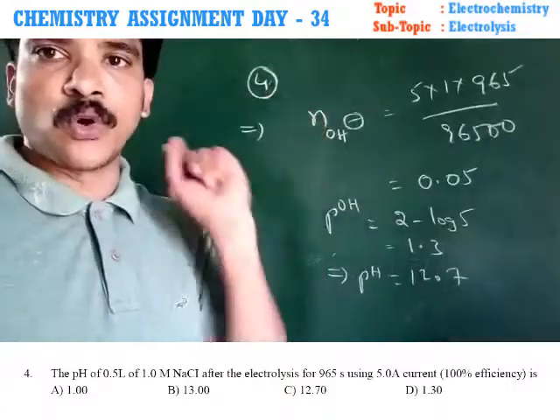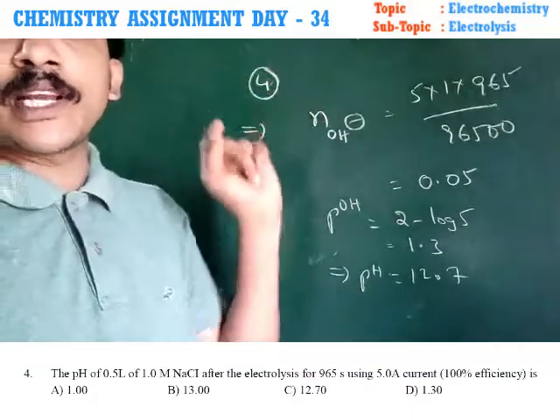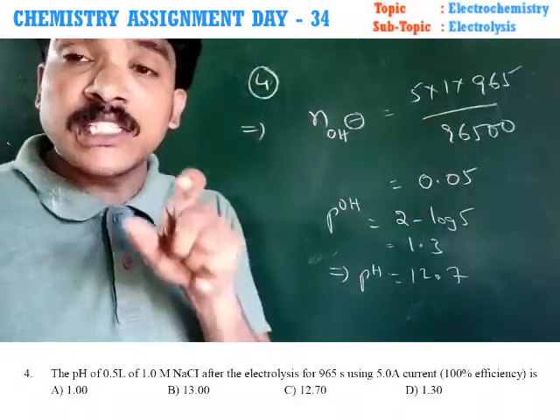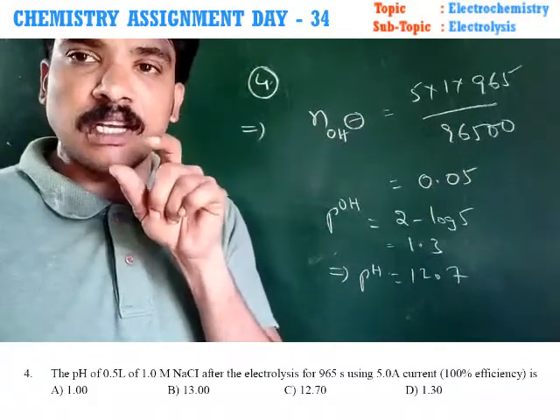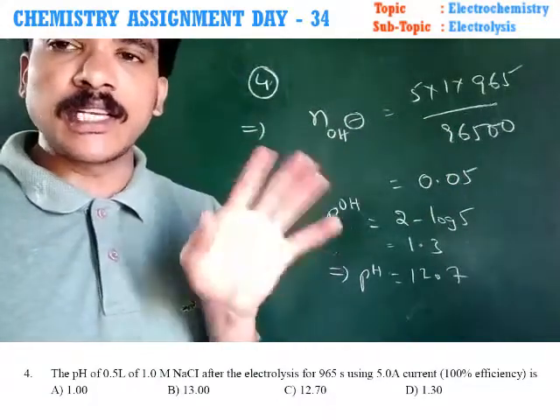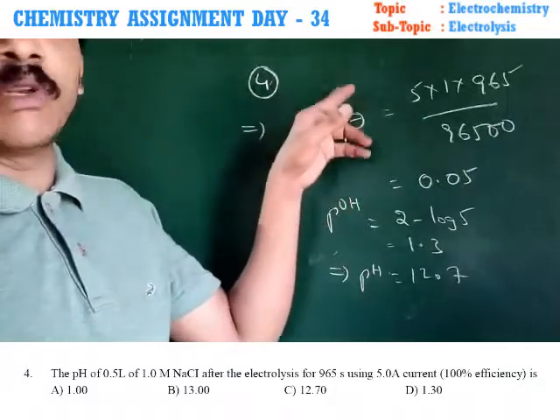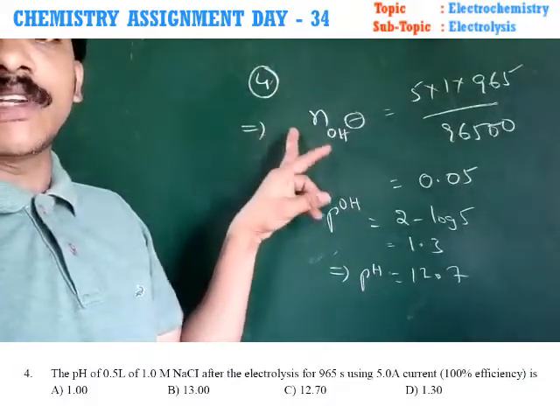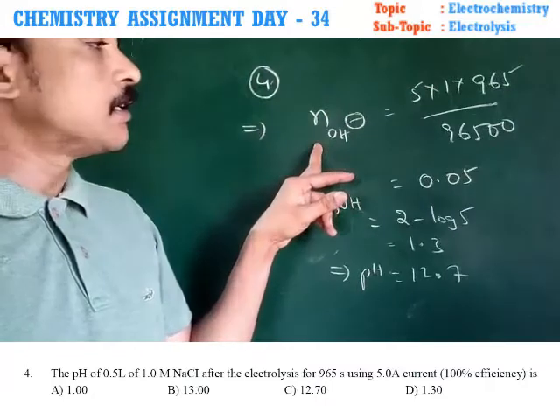Question number 4. As we know, according to Faraday's first law, W is equal to ECT. As current efficiency is 100%, eta is taken as 1. Then W by equivalent weight is nothing but moles of OH minus.